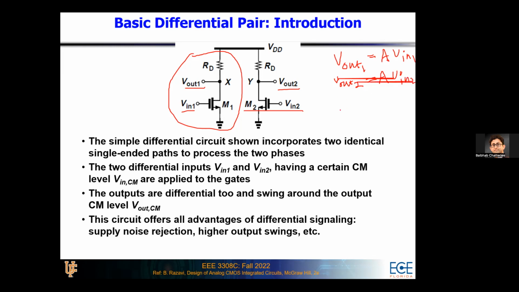So the final output, which is Vout1 minus Vout2, let's just call it Vout, will be A times Gain1 minus A times Gain2. Now remember, Gain1 and Gain2 are 180-degree exact opposites of each other. So Gain1 minus Gain2 is equal to 2 times Gain1. So Vout will be 2 times A times Gain1.